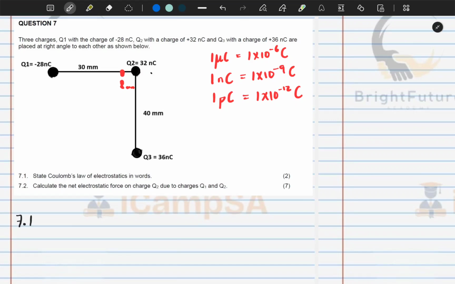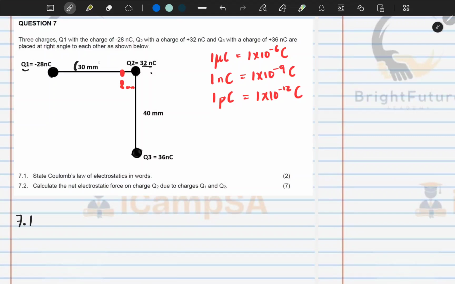Coulomb's law simply states that if you have two charges, and obviously they are emanating an electric field, as a result they are exerting an electrostatic force on each other. This force will be directly proportional to the product of the charges' magnitudes, so for instance Q1 times Q2, and inversely proportional to the square of the distance between them.